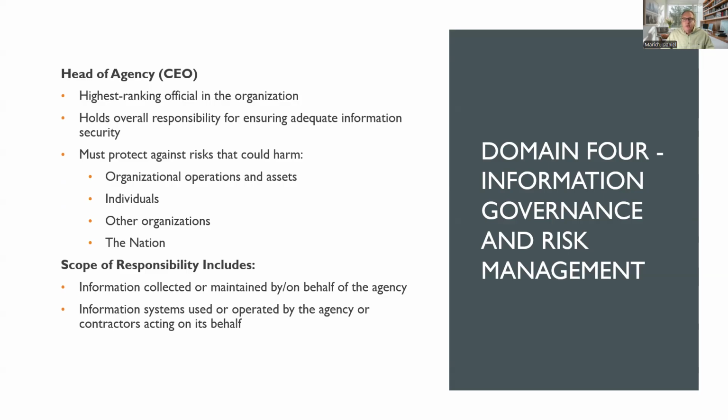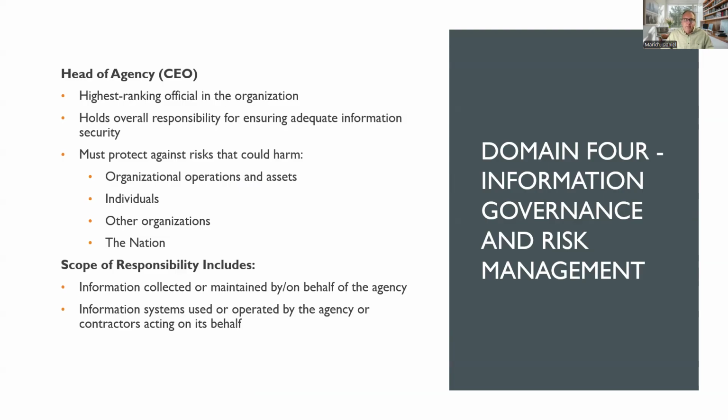Then we talk about roles and responsibilities. And there are only two that I really want you to make sure you're aware of. The CEO, right? The CEO has overall responsibility and must protect against risks that could harm organizational operations and assets, individuals, other organizations you do business with, or the nation as a whole.